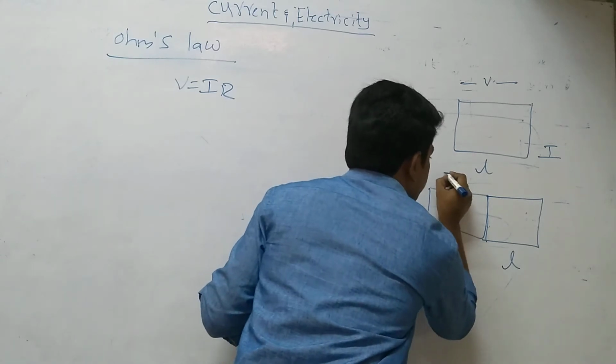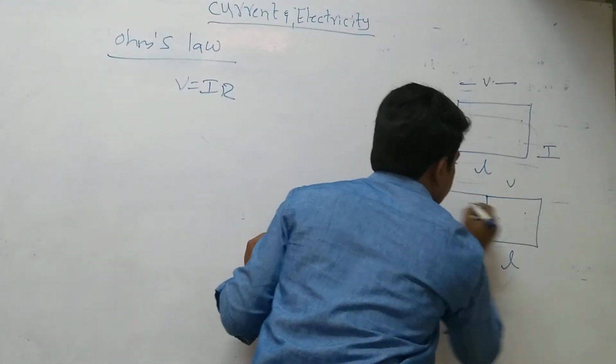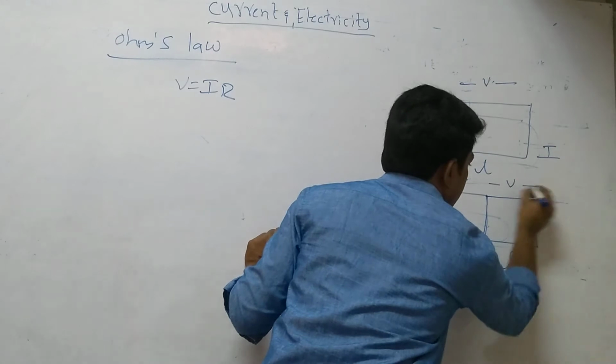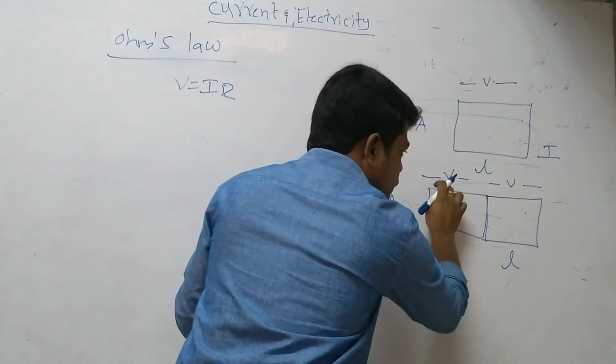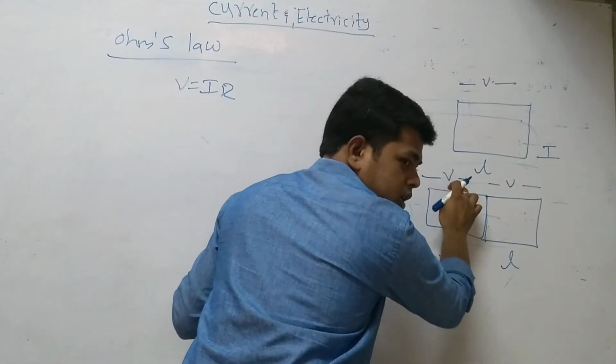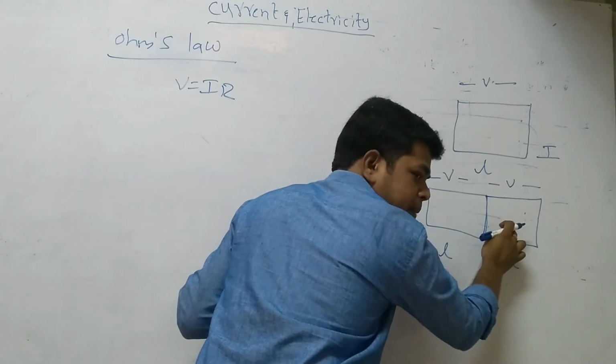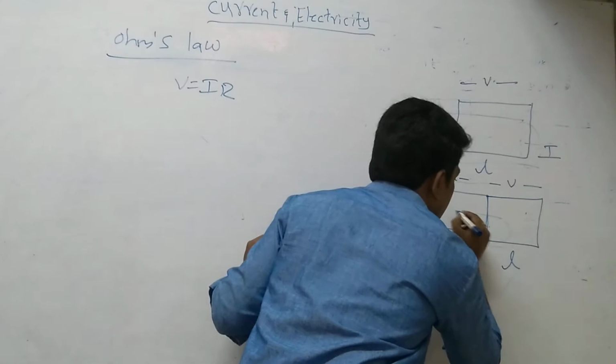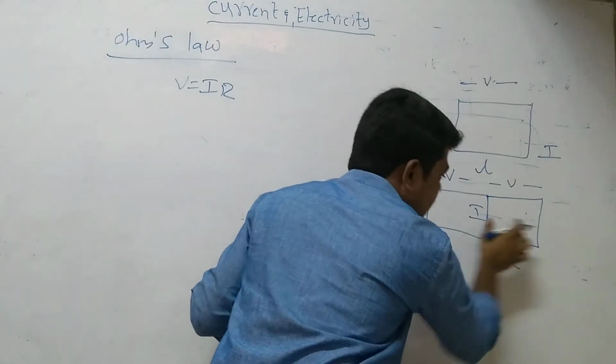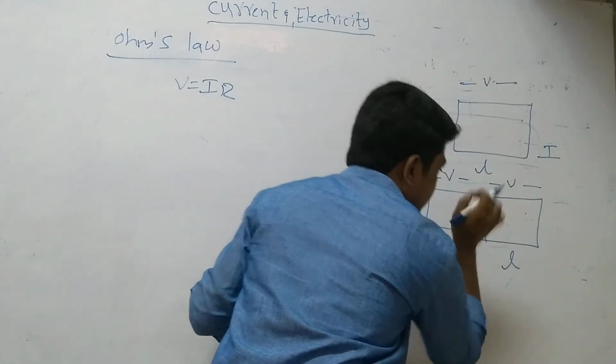It means we are observing two potential differences. Due to this, the current in the first slab and second slab is the same, nothing but I. The total current in the two slabs is I.